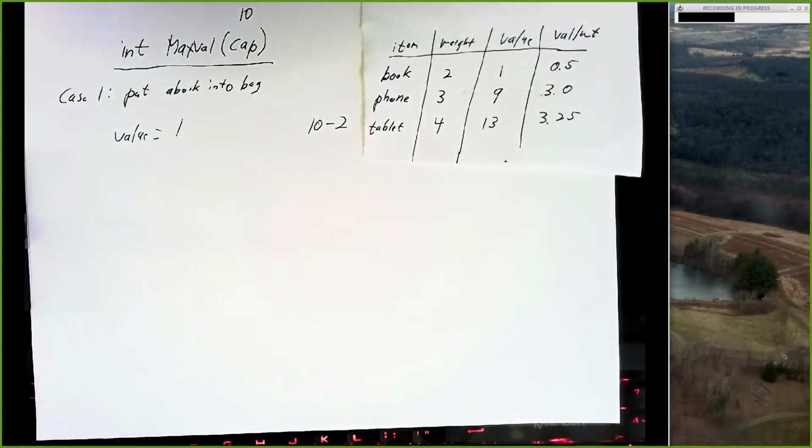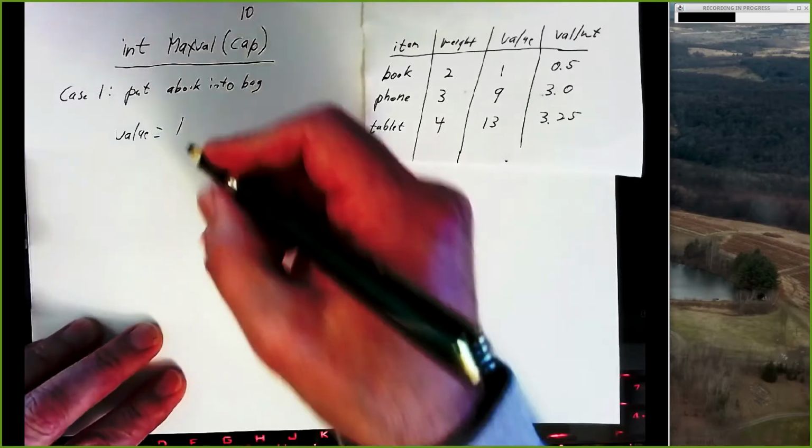And think about recursion. Do we have a function that can tell us the maximum value that we can get from a bag of a certain capacity? Would you just call max val again with a capacity of 8?